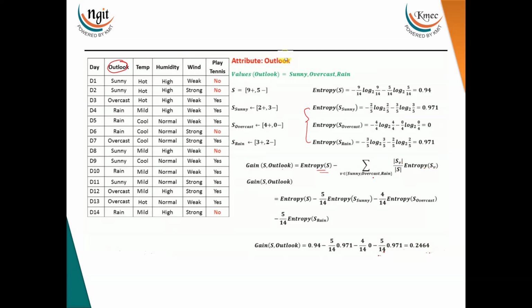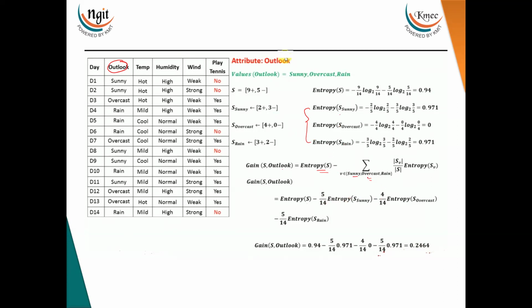That is the weighted average into the entropy of each individual feature. So the entropy of S we know already, minus, let us take sunny. How many sunny values do we have? 2 plus 3, 5. So that is 5 divided by 14 times the entropy of S sunny, which we already found.